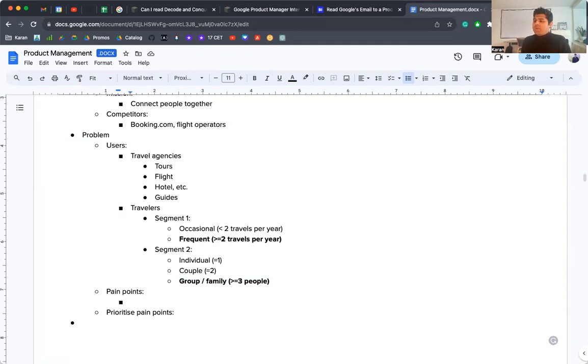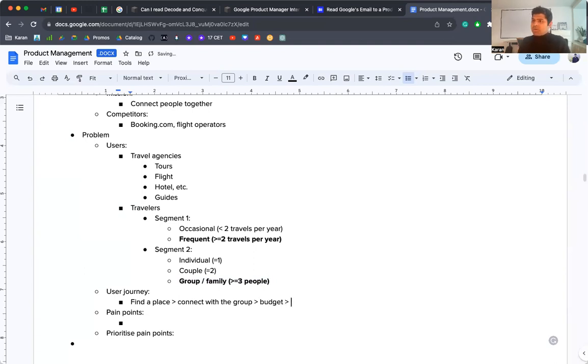What could be the pain points? And before actually looking at the pain points, let's look at the travel user journey at a higher level. The journey could be, let's say, first of all, I find a place to travel. Then maybe I connect with the group, get their alignment that, yes, we want to go to this place.